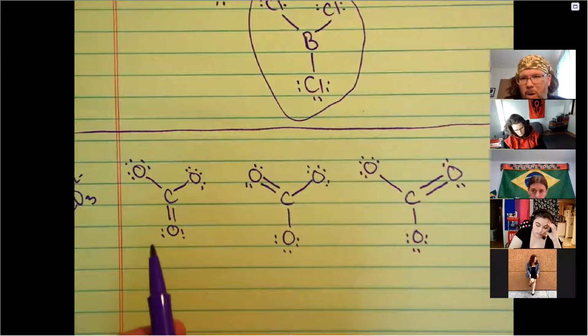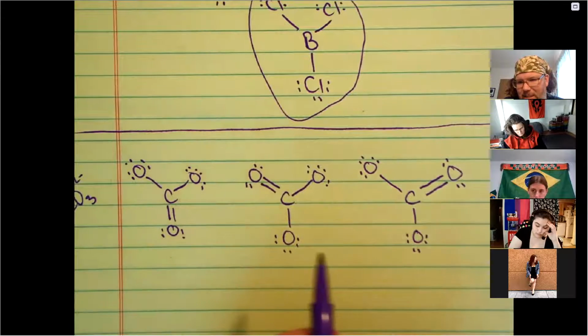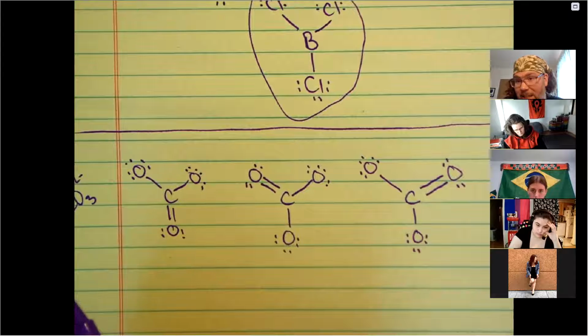So in cases like this, where there's more than one Lewis structure that fits, more than one way to assign the electrons in a good Lewis structure, the reality is that no one of these Lewis structures actually represents this molecule.